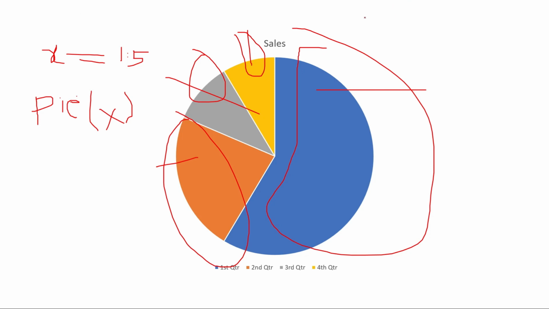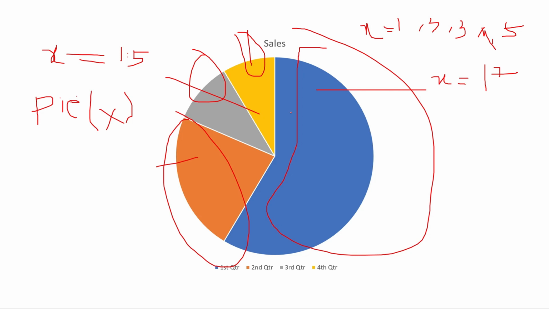So we have taken the x values as 1, 2, 3, 4, 5. Add these all from 1 to 5. How much is the total value? 1 plus 2 is 3, 3 plus 3 is 6, 6 plus 4 is 10, 10 plus 5 is 15. The total value is 15.